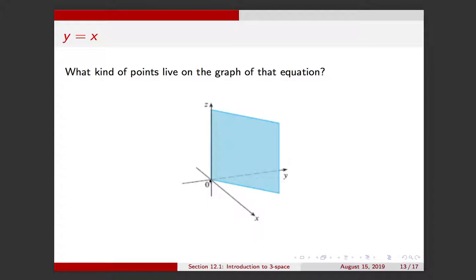I'm not sure why this picture doesn't extend all the way over to the left, but anyway, here's your y equals x line, and then you give it some height, so it becomes a sheet now, because there's no restriction on z. So if you think about points like (1, 1, 3), (1, 1, 4), (1, 1, 5), (1, 1, 6), all those points are on the graph of that thing, which is how you get that infinite height.